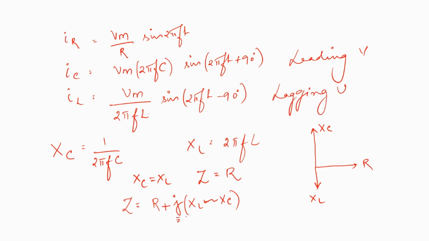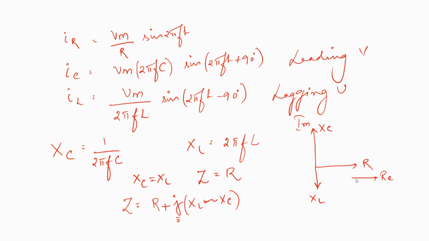Now, why have I represented it as an imaginary quantity? So if I look at this as a complex plane, the x-axis is my real plane and the y-axis is going to be the imaginary plane. So therefore we can represent this as an imaginary quantity. Also, the real power which is consumed in a circuit is the one which is taken up to perform useful work.